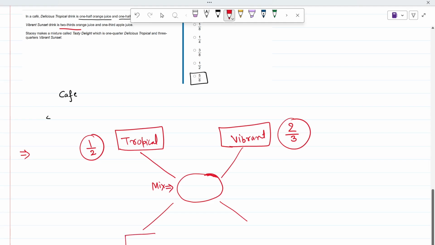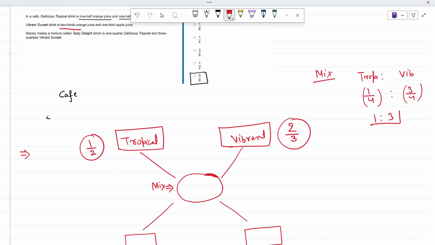And here we will have the ratio of these two drinks. It is given that in the mixture, tropical and vibrant drink are 1 by 4 is to 3 by 4. So obviously the ratio should be 1 is to 3. So let me write here, it is given as 1 is to 3.